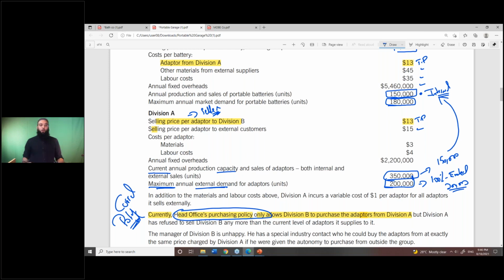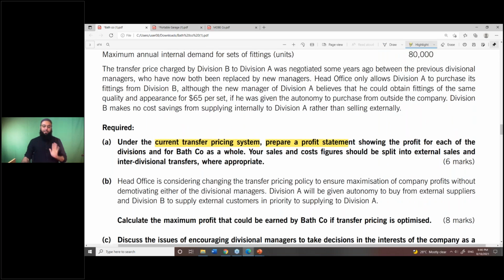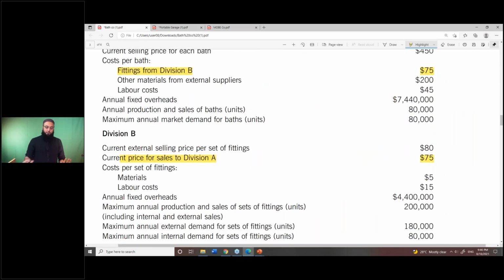Because if you look at the units, A is selling 150 internally and 200 externally, and right now A is fulfilling the maximum demand, and that makes 350. Understood? This is what you have to do in the scenario. Same you're going to do in Bath company to find out the units. Same thing. By looking at the maximum, you'll find out the internal transfers.